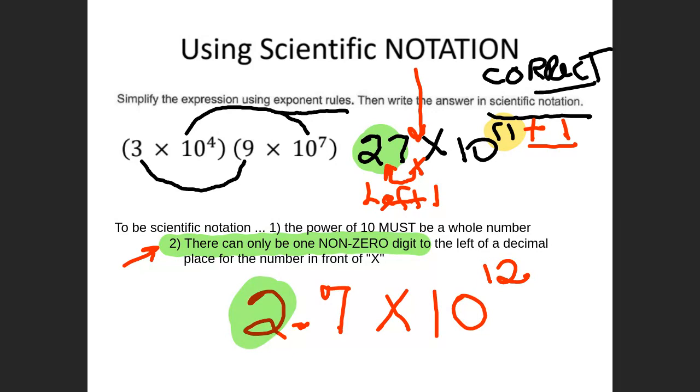It's 27. The decimal is behind the 7. So I've got to move it from behind the 7 to between the 2 and the 7. I've moved it one place, which means I add 1 to the power of 11. Any question with this?